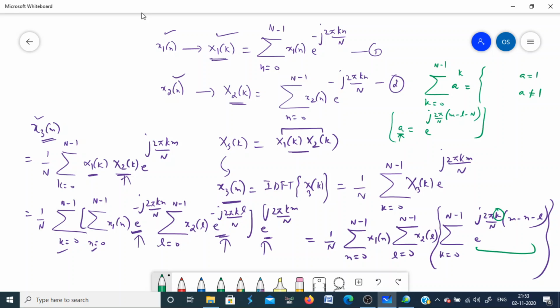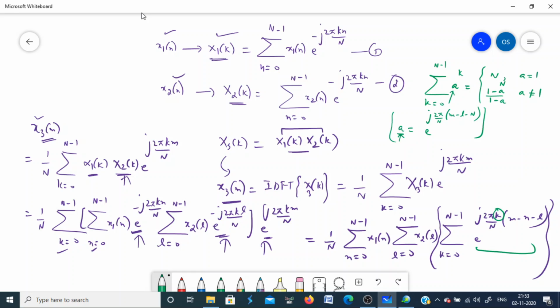If a is equal to 1, it is simply the sum of 1 n times, which becomes n. And if a is not equal to 1, this becomes a geometric progression, GP series, with common ratio a, because it's 1, then a, a square, a cube, and so on. The sum of n terms of a GP is 1 minus r raised to power n upon 1 minus r, where r is the common ratio, that is a in this case.